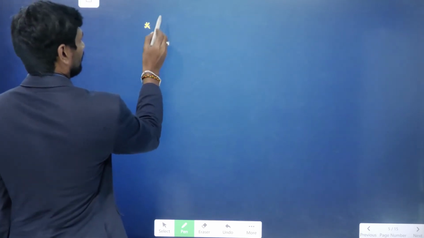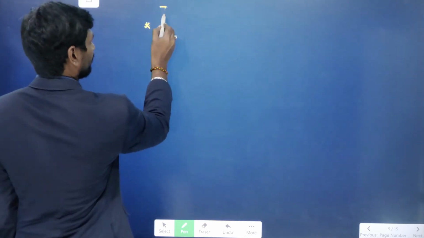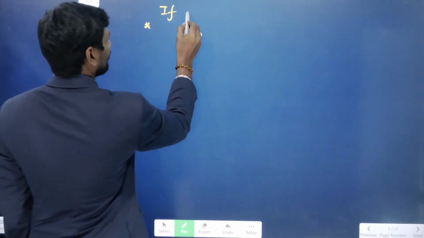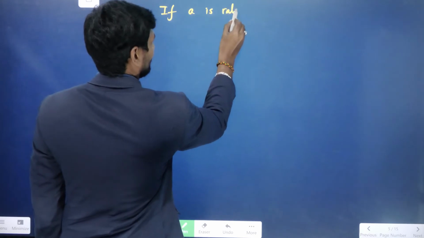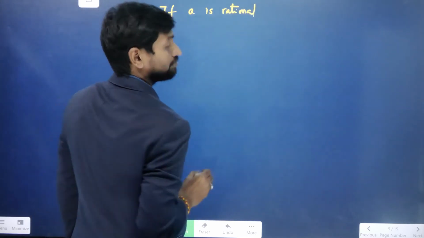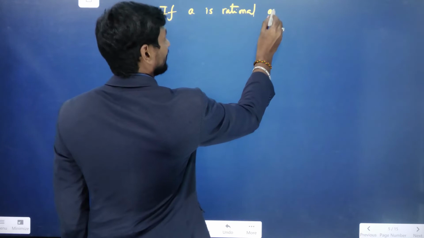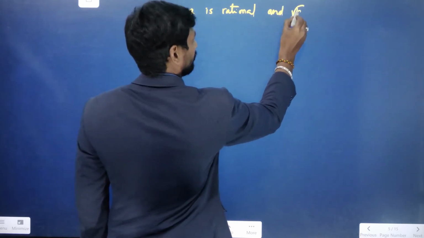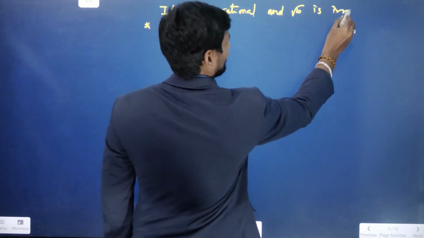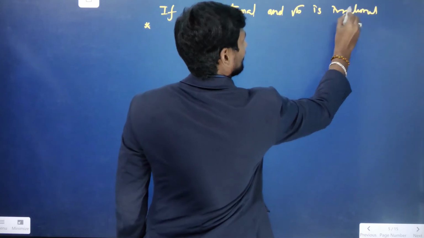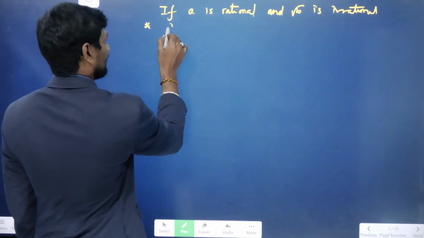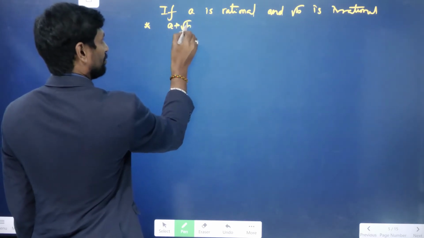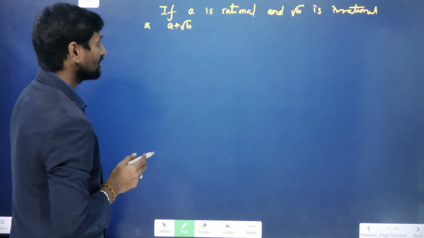Now, write that if A is a rational number and root B is irrational, when you apply plus between them, what is this?